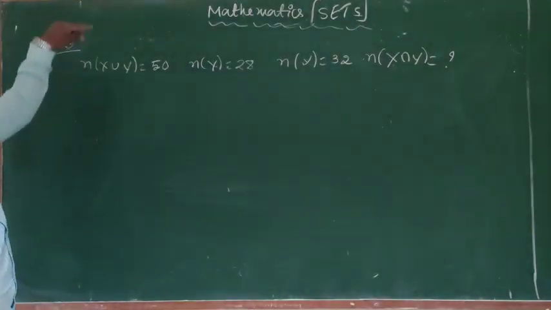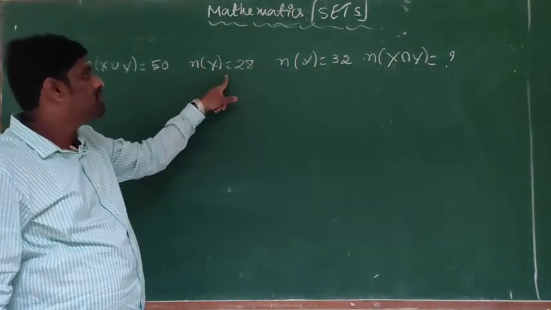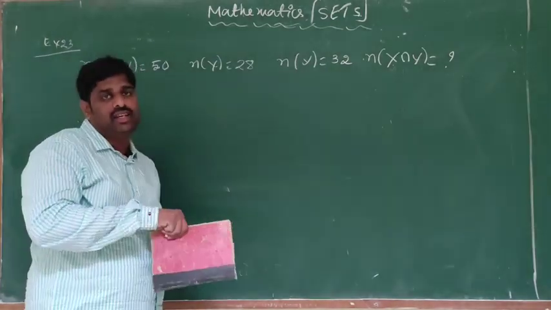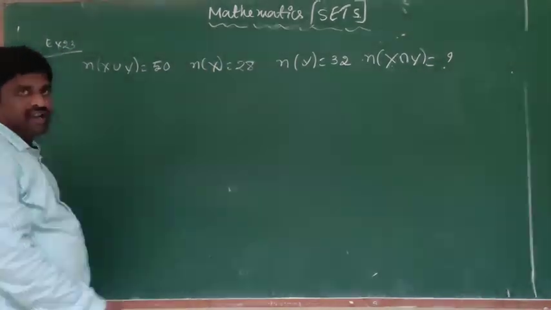So here n of X union Y is given, n of X is given, n of Y is given, n of X intersection Y we have to find out.